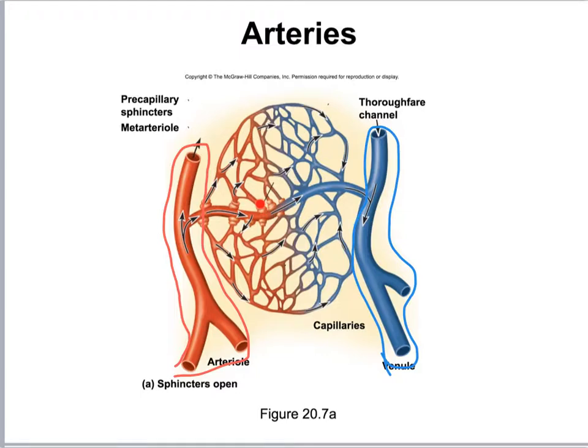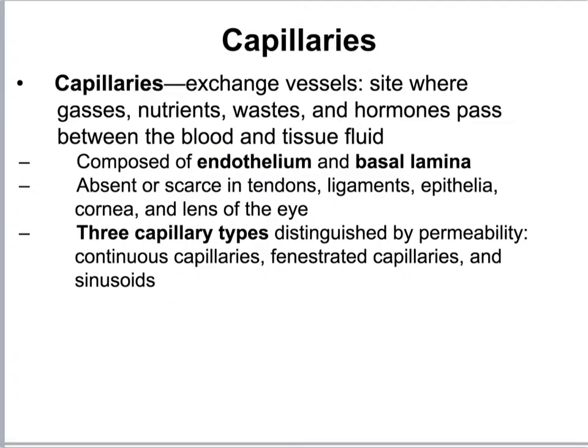At the beginning of each of these capillaries coming off of the meta-arteriole, you can see that there's what's called a capillary sphincter, or a precapillary sphincter. This controls how much blood goes into the capillary bed versus just going straight through. That will be important later on. Capillaries are called exchange vessels.